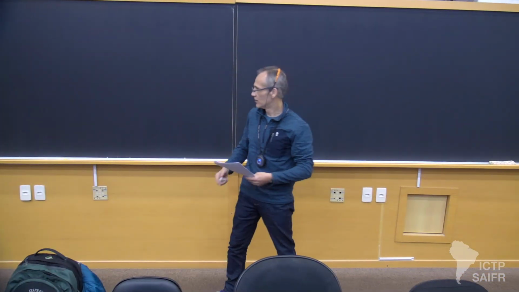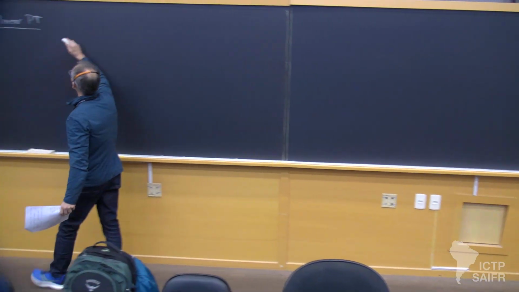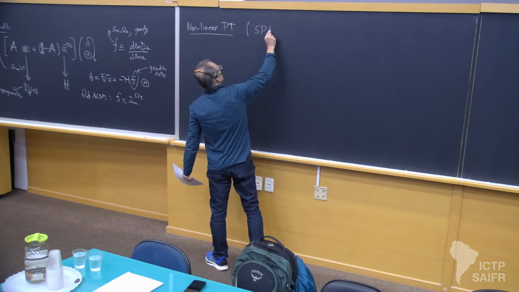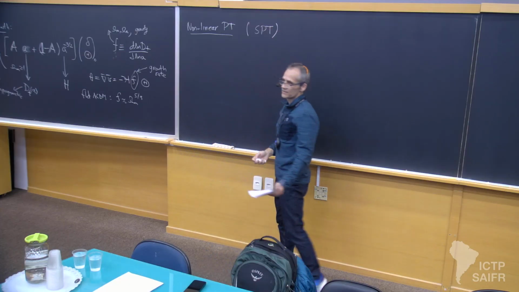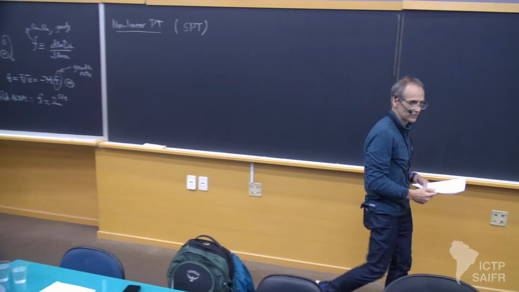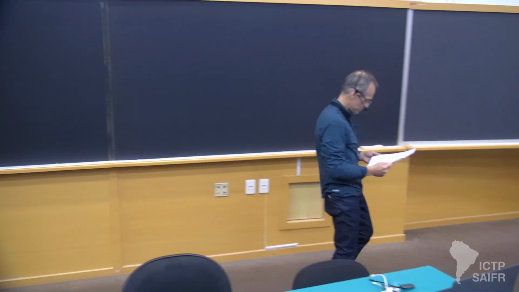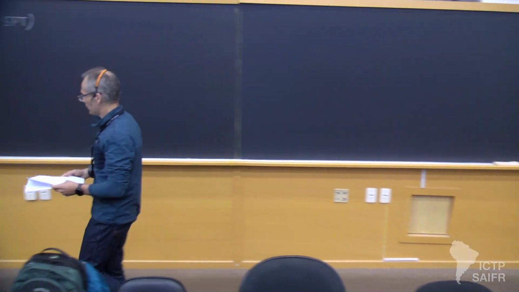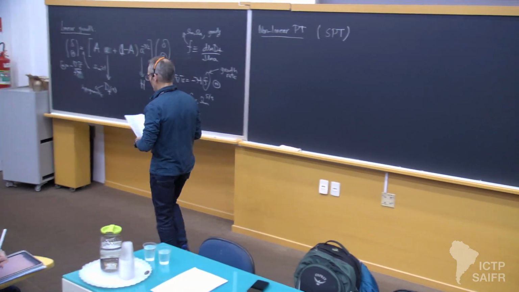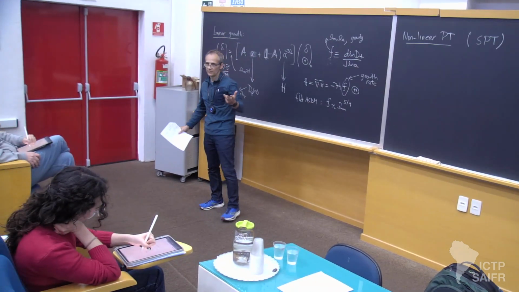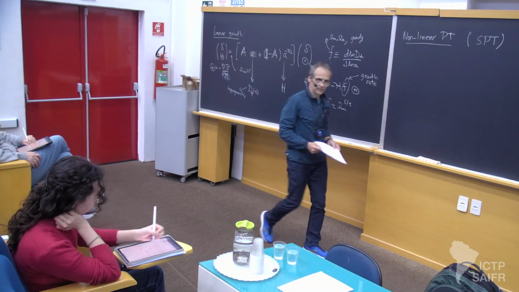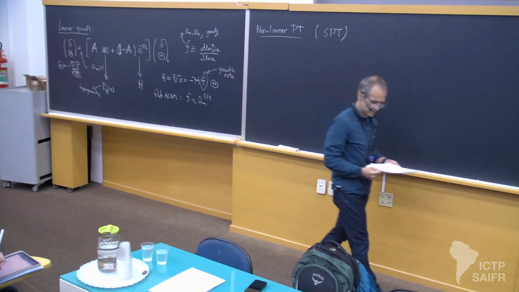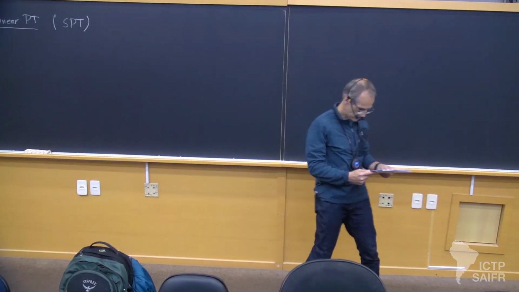And this is what we call nonlinear perturbation theory, which has now become known as standard perturbation theory. So many people, if you read papers, will call this SPT. And again, I'm going to start from the case where omega matter is equal to 1, where things can be done analytically very easily. And then I'll tell you at the end what happens when you include a cosmological constant.